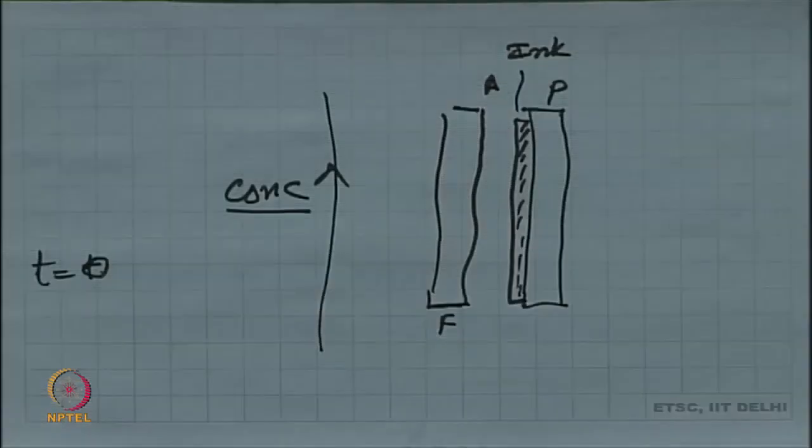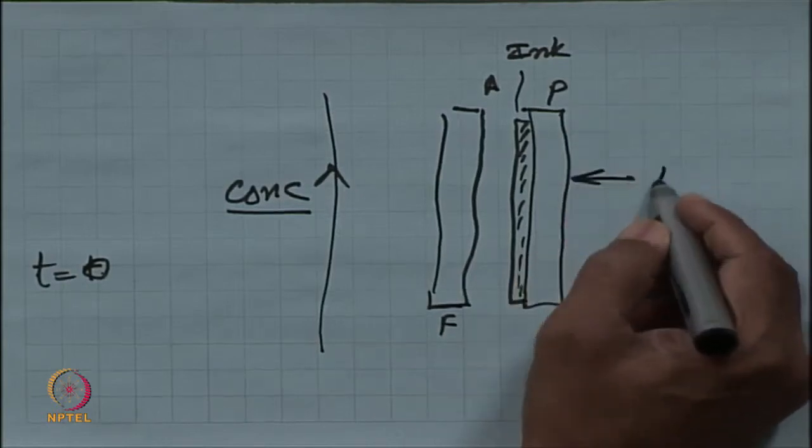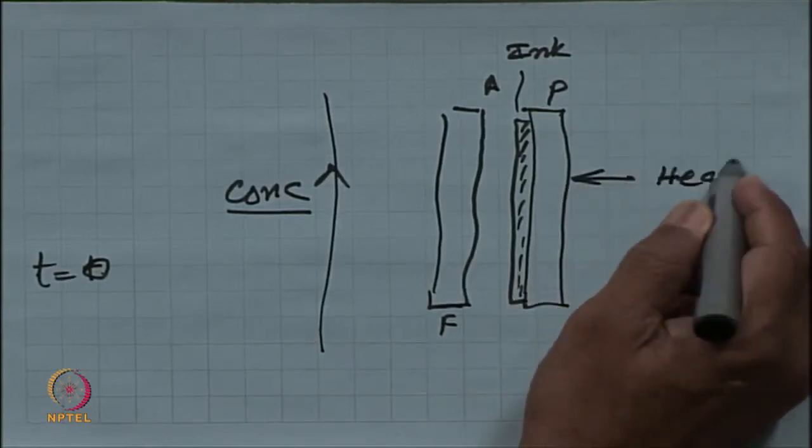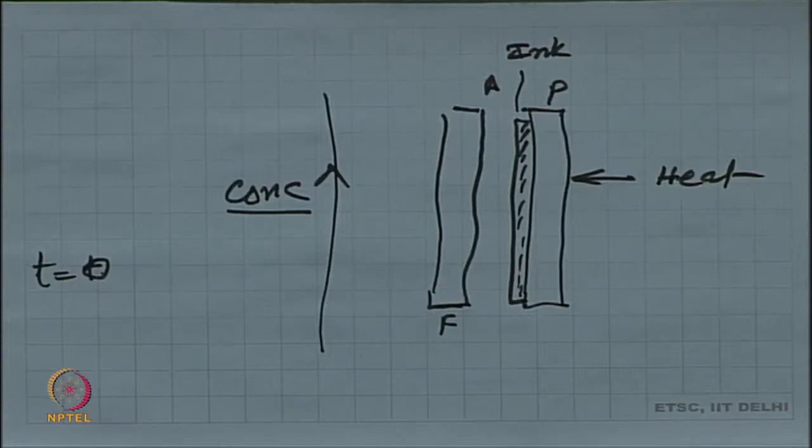What will happen is, with time, when you apply heat, then some vapor formation will be there, and once the vapor formation takes place, then the concentration of the ink in the ink layer will go down, okay, and in the others it will start increasing. Okay. Let us say we work.